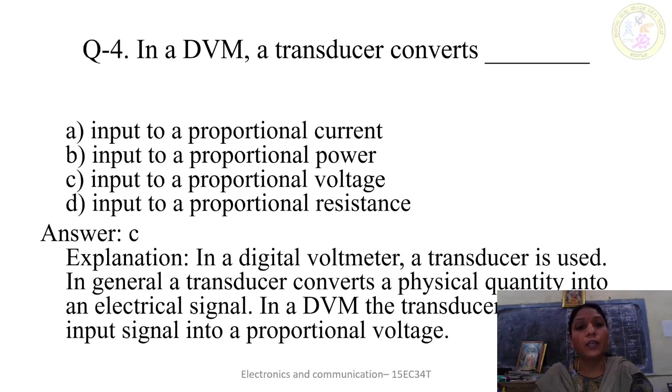Transducers are used to convert physical quantity into electrical signals. In a DVM, the transducer converts the input signal into a proportional voltage.